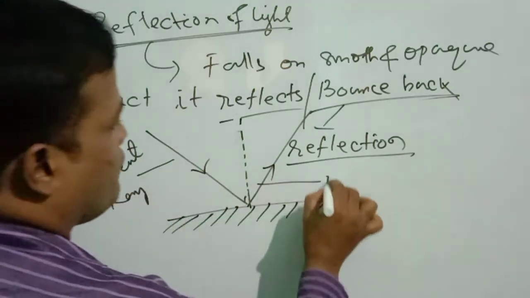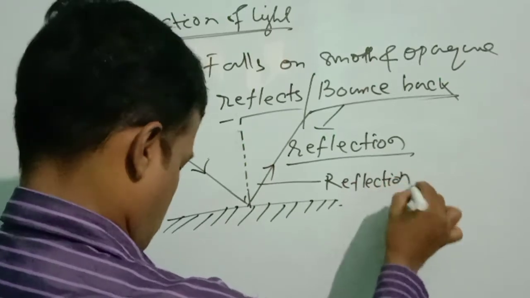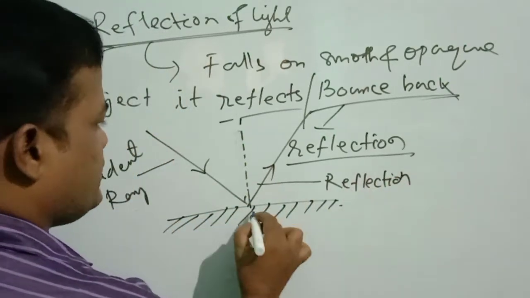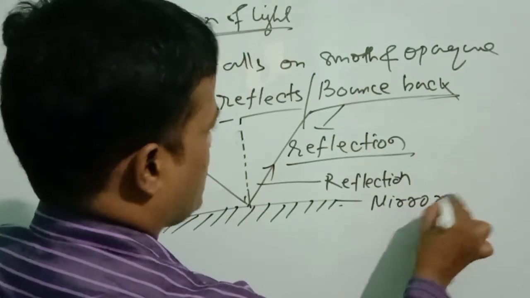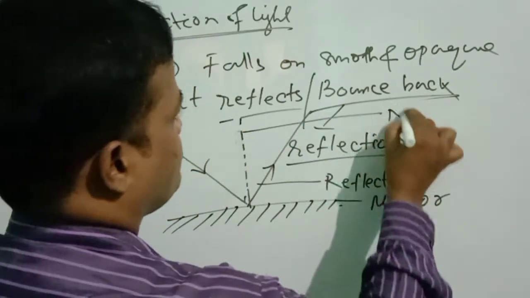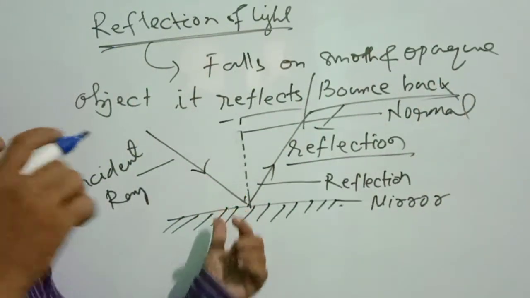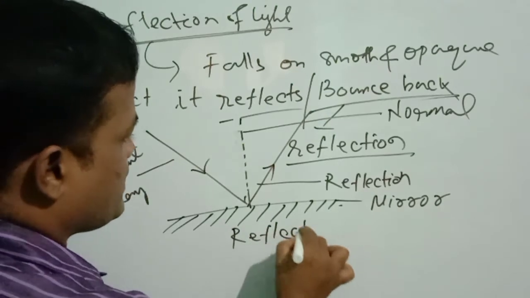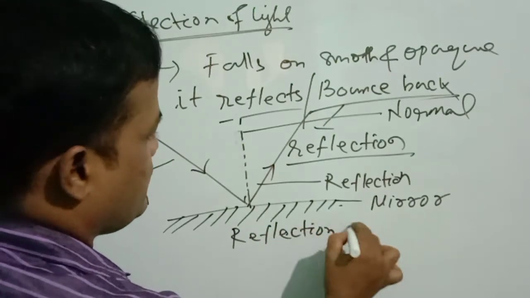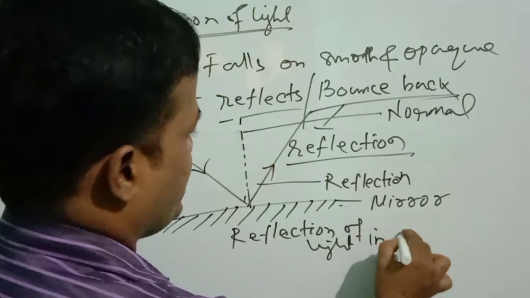This is called the reflected ray. And this is called the mirror. And this is the normal. So this phenomenon is called reflection of light in a mirror.